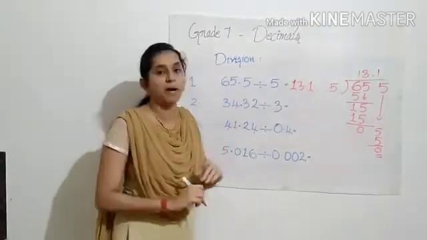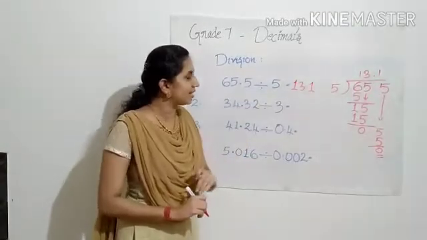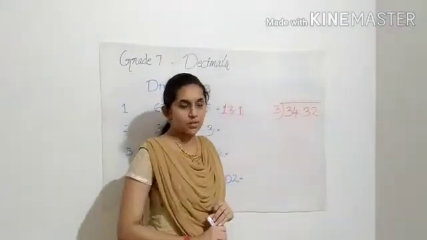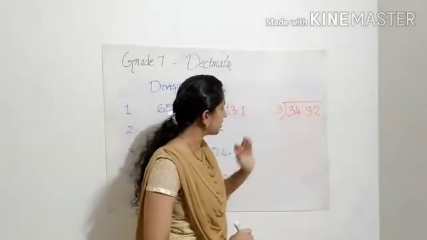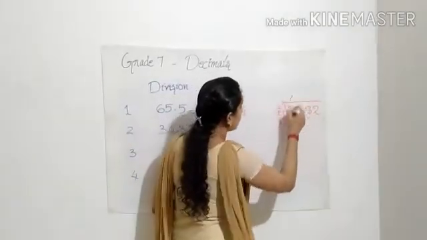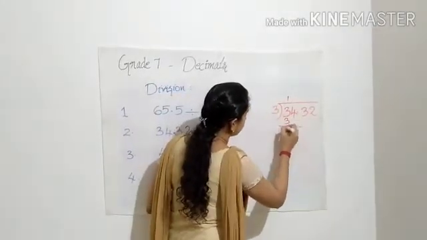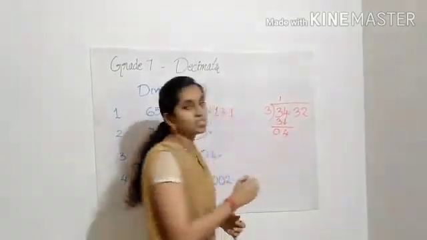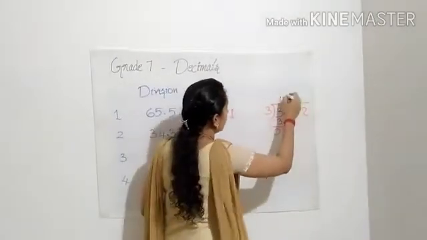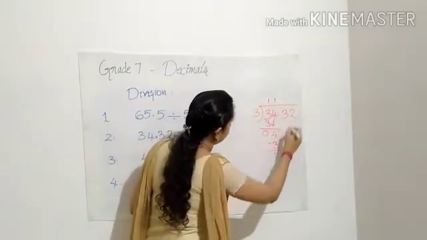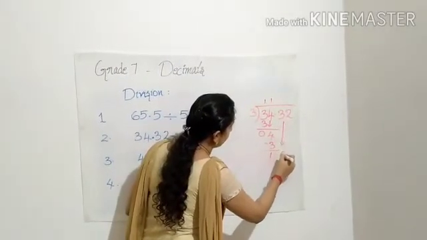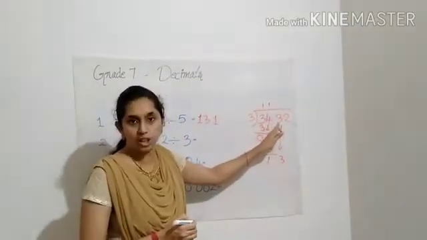34.32 divided by 3. Let's divide and get the answer. First, take the first bit, that's 3. 3 ones are 3. Balance is 0. Take the next digit, that is 4. 3 ones are 3. Subtracting, we will get 1. Take the next digit, that is 3. But before that, you can see a dot here.